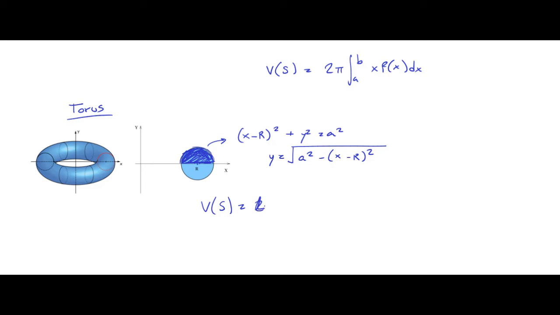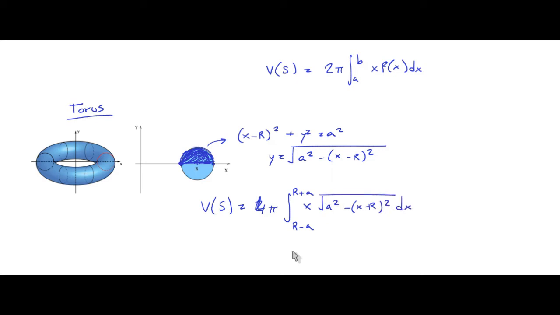So 4 pi, between x is r minus a to r plus a, right? So we're taking only the start and end of the function, and the function is f of x, which is the square root of a squared minus (x minus r) squared, sorry, dx, right?